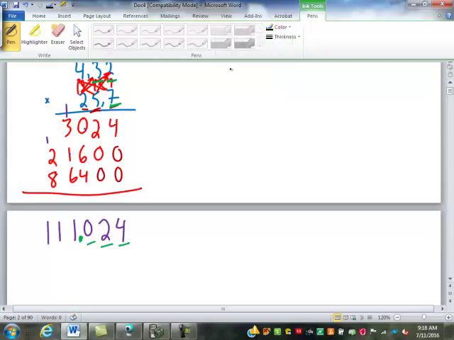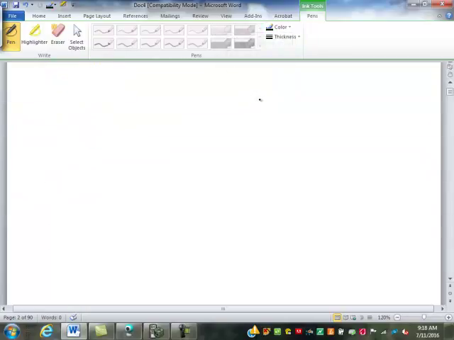Now I want you guys to try one in your notes. Now before you even start this one, how many decimal places do you think this one should have in it? 3 would be your instinct. Go ahead and do it. And what I want you to do is first, before you start doing this one out, punch it into your calculator quick.